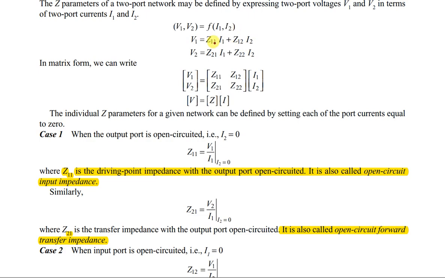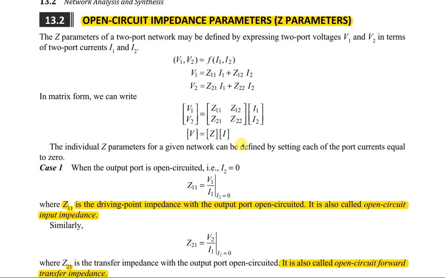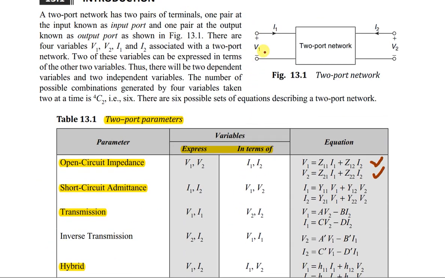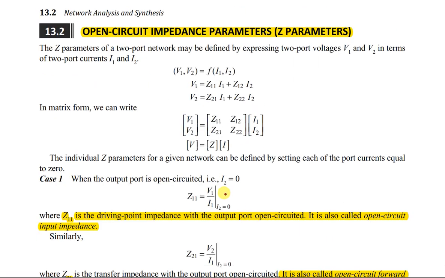Then Z11 can be calculated by V1 by I1, where V1 and I1 are input side voltage and input side current. So this is your Z11, and similarly, this is your Z22. This is Z11, this is Z22.